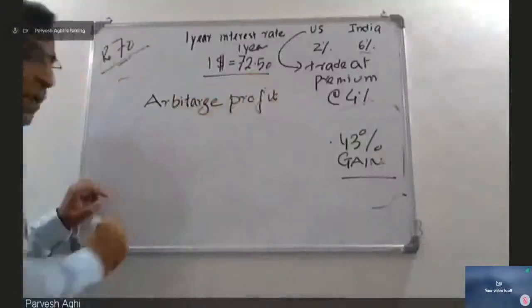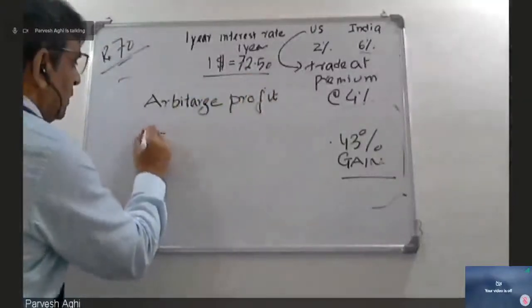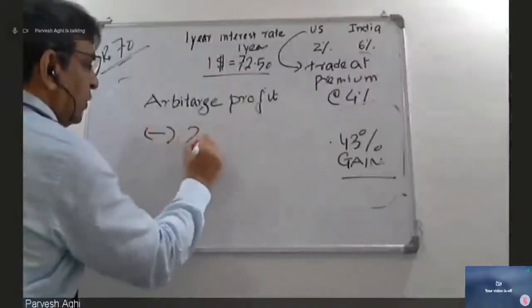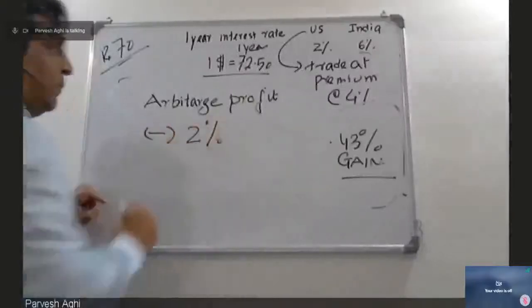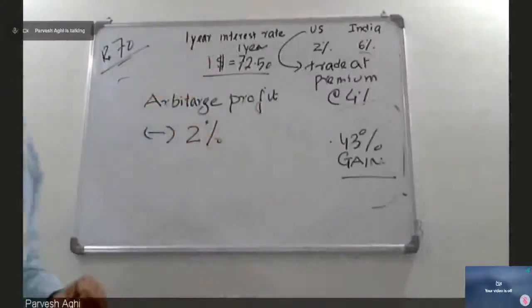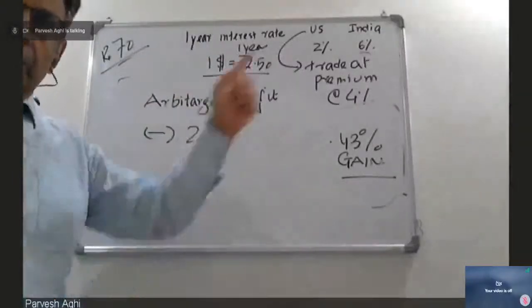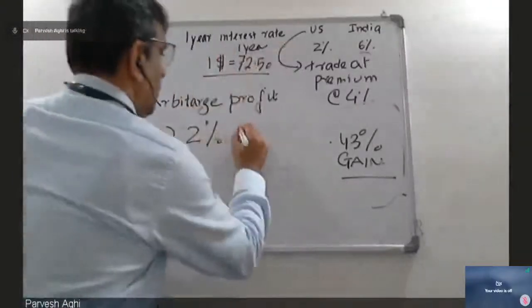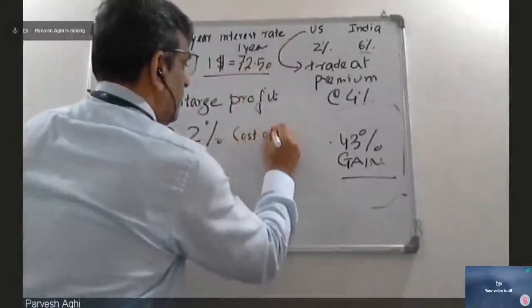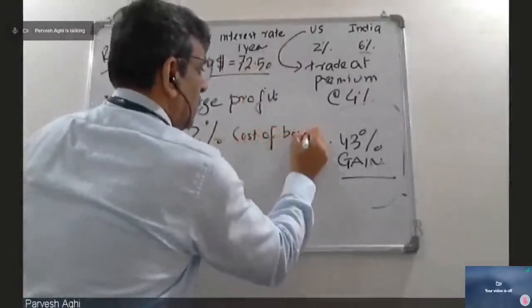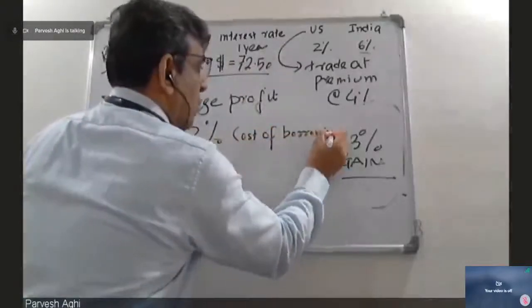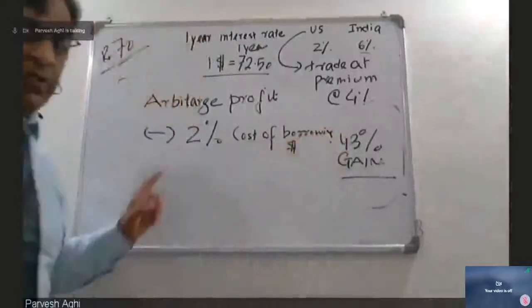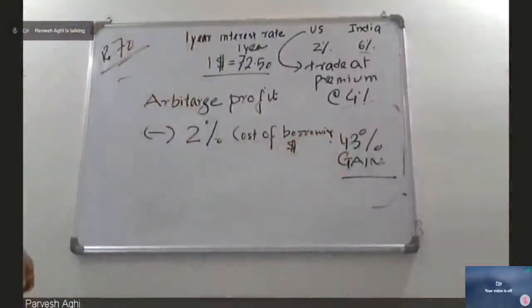First, you have borrowed in US dollars, so you are going to pay 2% to the bank in America. 2% is the cost of borrowing dollars. So this is the money which has gone from you.